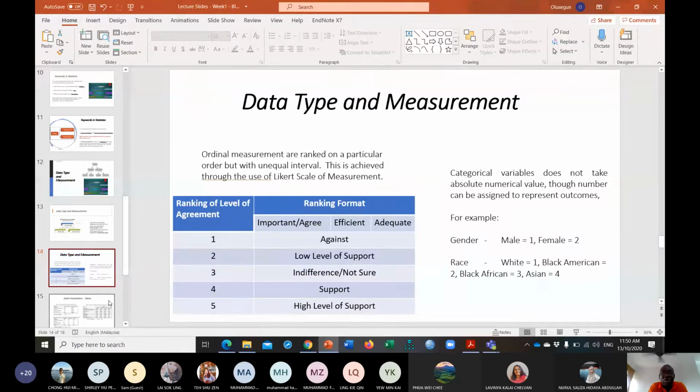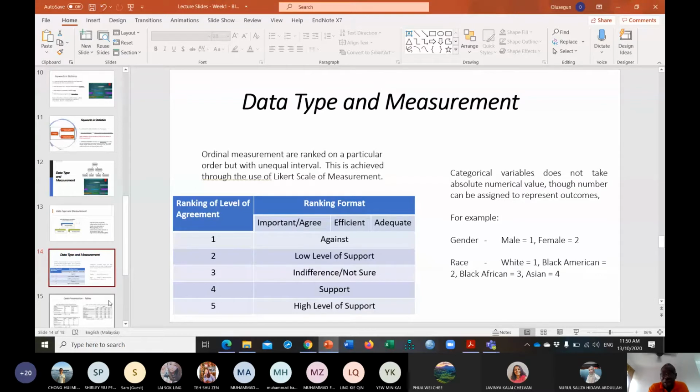And if you have been trying Google survey, if you put anything on scale, the Google survey will allow you to define the scale from what to what. If you say from 1 to 5, you will be able to define what 1 stands for, what 5 stands for. Then the Google survey will give you the grade, the ranking, and people can tick.